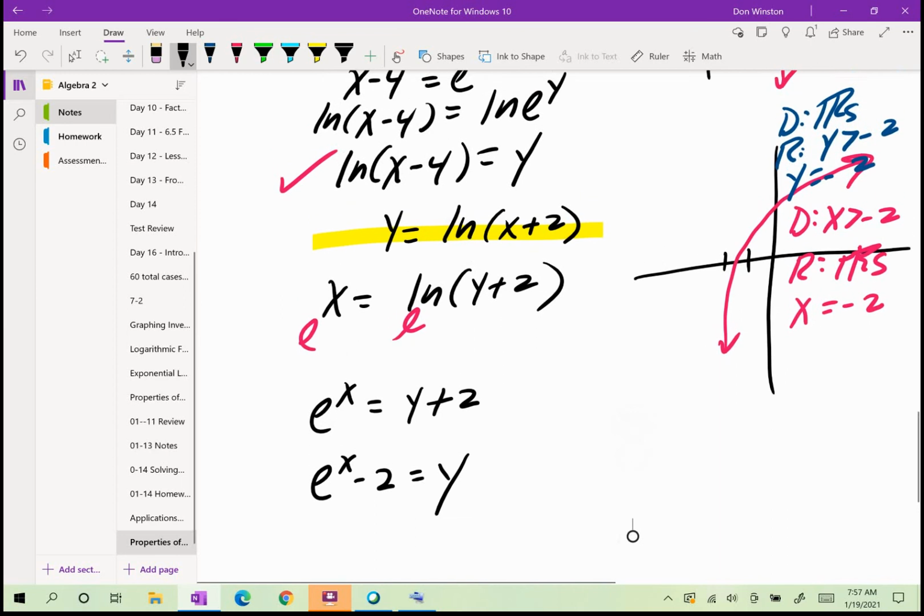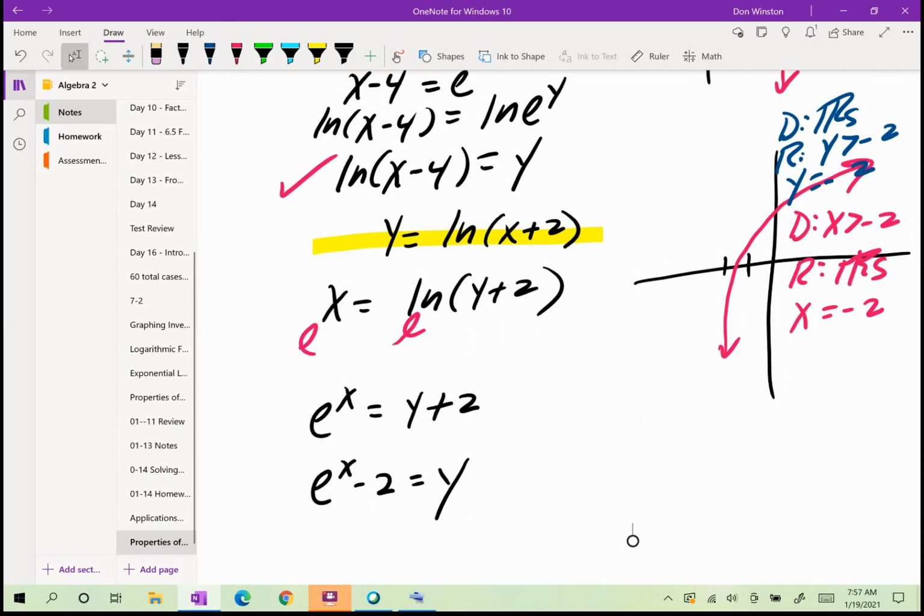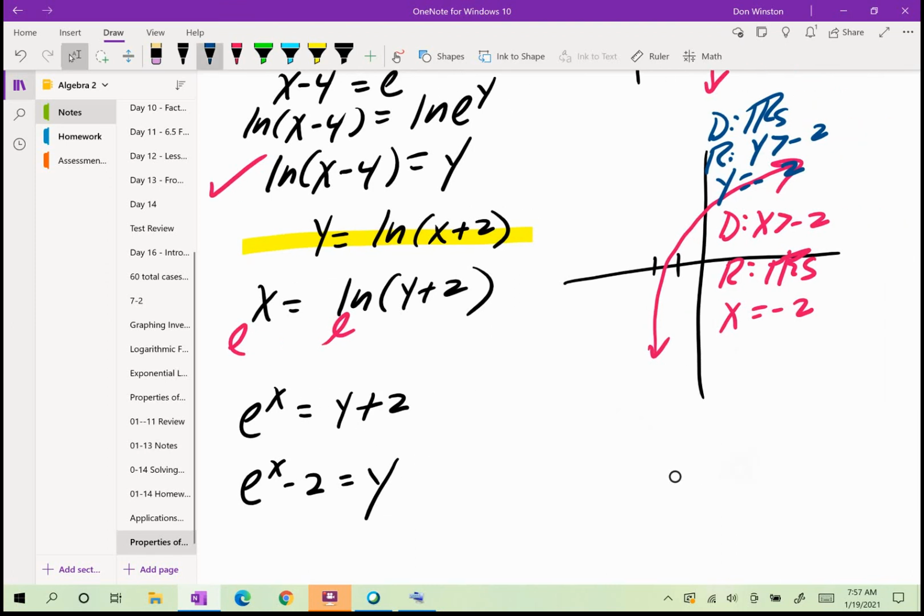And there's my inverse. Okay, as you can see, my horizontal asymptote would be at negative 2, and it would look like an exponential function.